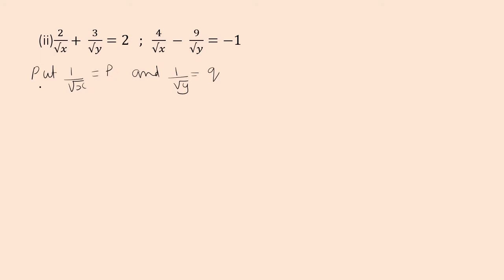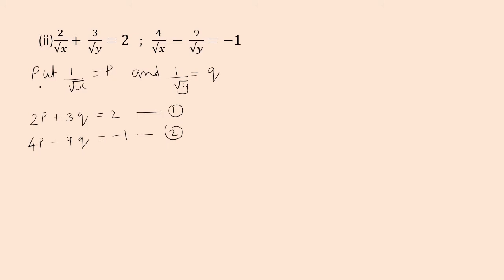Now the given equation becomes 2p plus 3q equal to 2, 4p minus 9q equal to minus 1. You number the equation as equation number 1 and equation number 2. Now the two equations become a pair of linear equations with variables p and q.